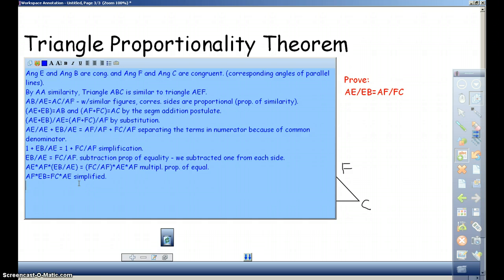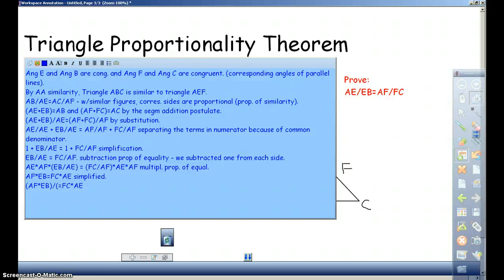Now what are we going to do? Remember, we want to end up with AF in the numerator and FC in the denominator, and we want to get EB in the denominator. So let me copy this and come down here and paste it.